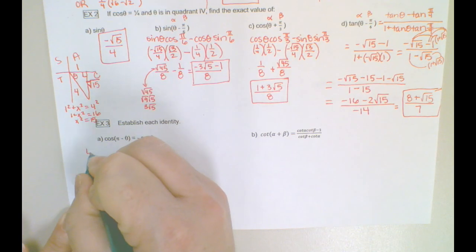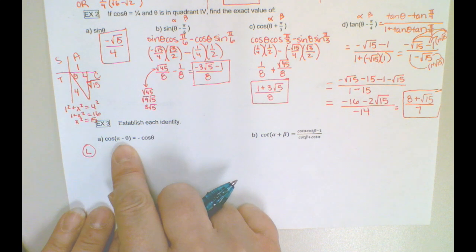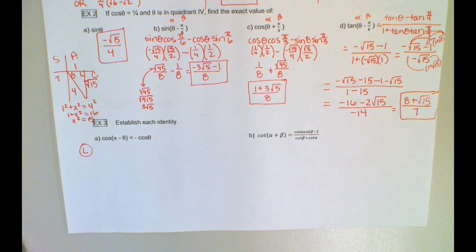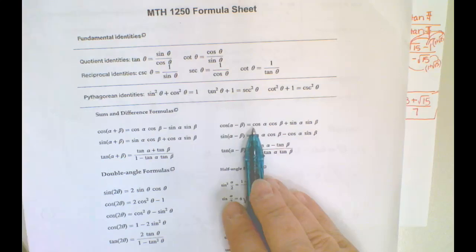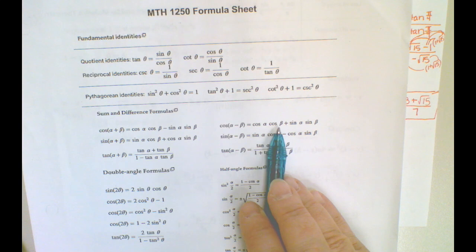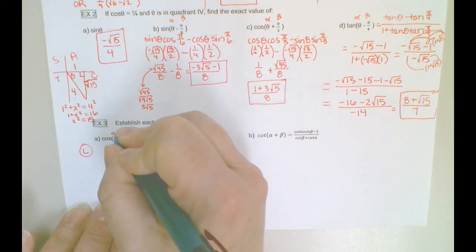And that one, of course, screams difference identity. So looking at my formulas, I am going to use my cosine difference one. So cosine, cosine plus sine, sine. In this case, alpha and beta.